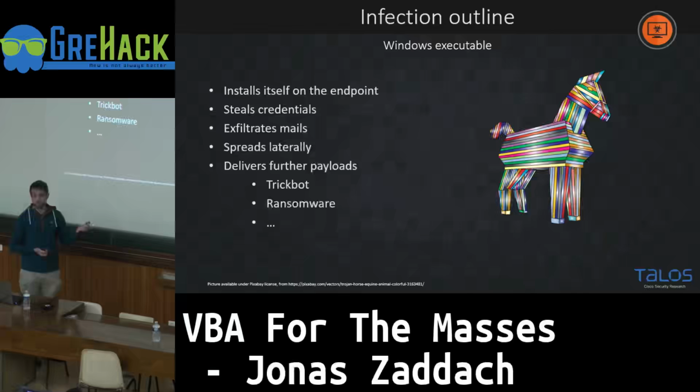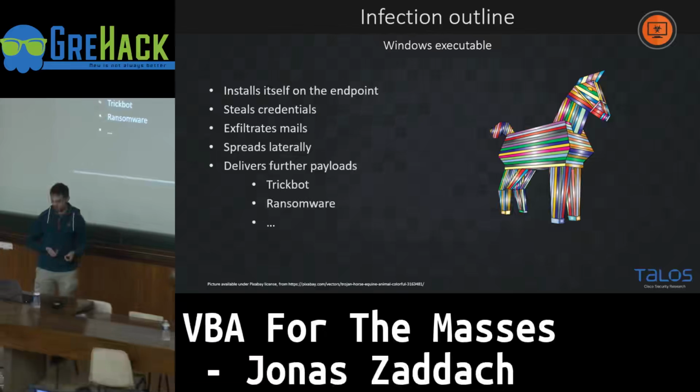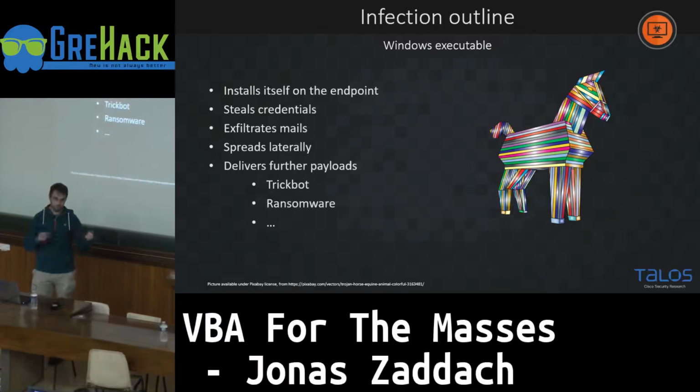And then you install the actual executable, which will then go on and download later stages. It will steal your credentials. It will exfiltrate the 180 days of mails to attack your contacts. It will spread laterally in the network, for example via EternalBlue or some other vulnerabilities.